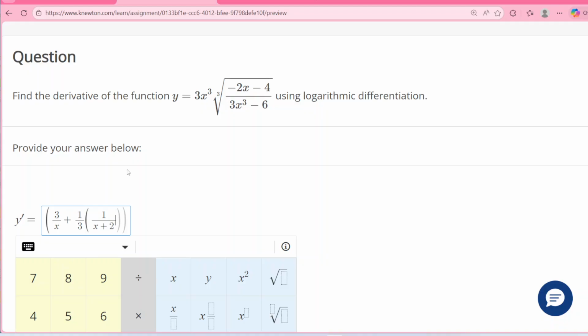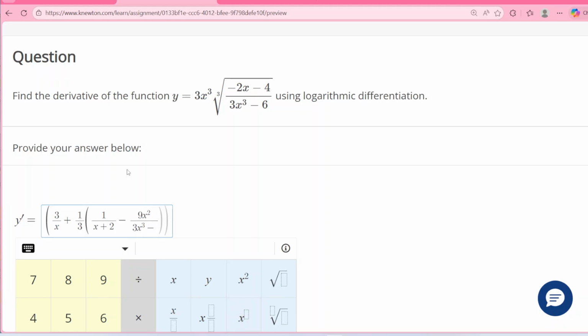And then minus 9x squared over 3. I guess I could pull the 3 out too. Yeah, whatever. 3x cubed minus 6. Close that set, close that set. All right, so that entire thing was what I had on the right side. And then, to get y prime alone, I multiply by this y. So I'm just typing that expression for y in again.